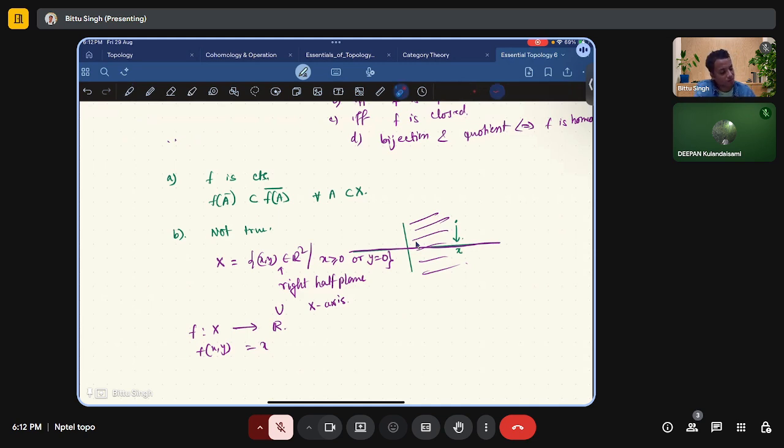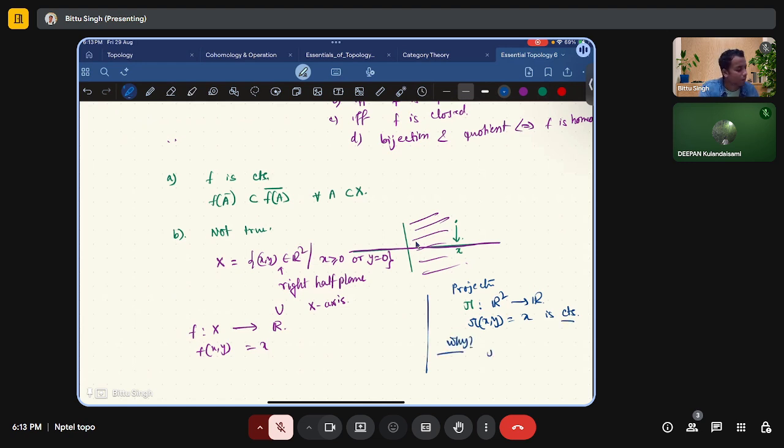Now we have already seen this map is continuous because the projection map pi from R2 to R, defined by pi of (x, y) equal to x, is continuous. Why is this continuous?